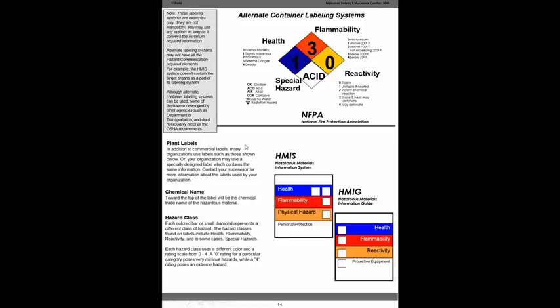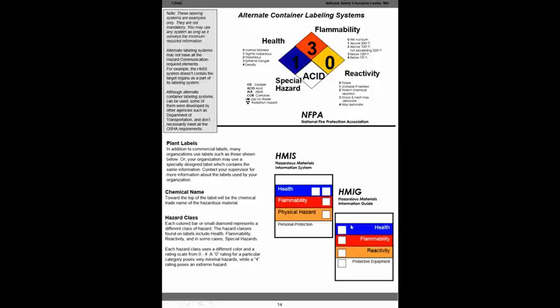Today, more and more people are using these hazardous material information systems. Again, they use similar numbers as we used in the top ones. And then a good chance here to put personal protective equipment in there. They can say safety glasses, or safety glasses and rubber gloves, or whatever that chemical is.